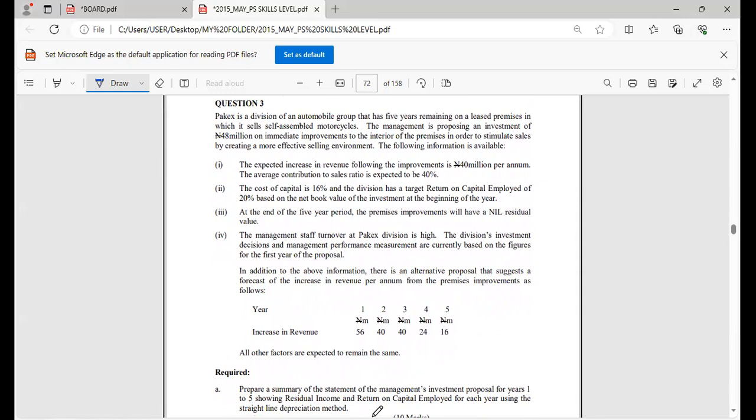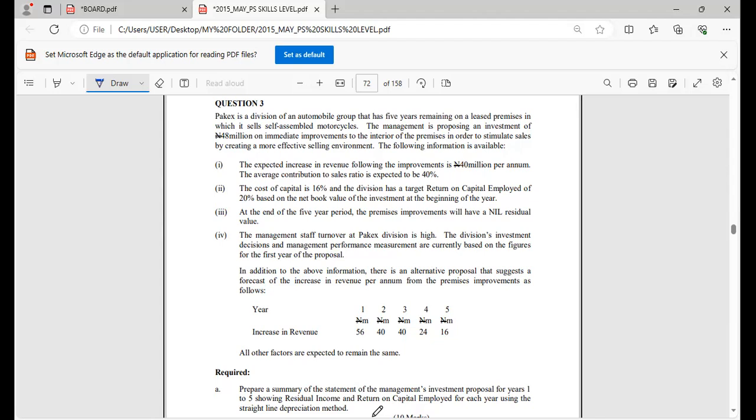Question 3. Can someone read for us? Packers is a division of an automobile group that has 5 years remaining on a leased premises in which it sells assembled motorcycles.